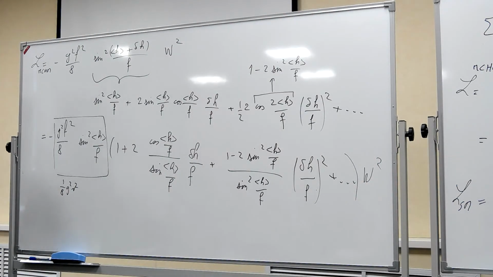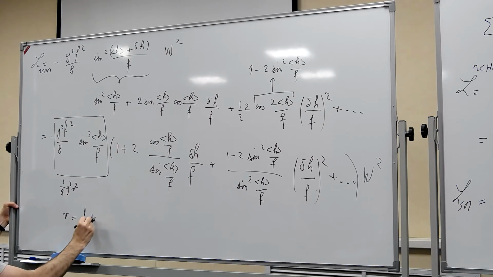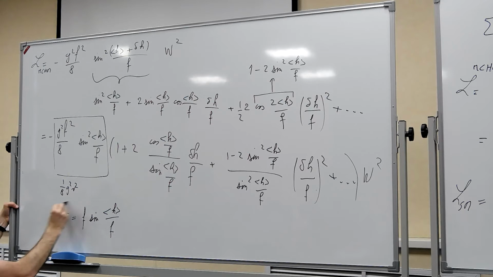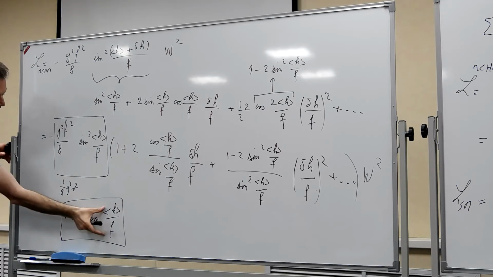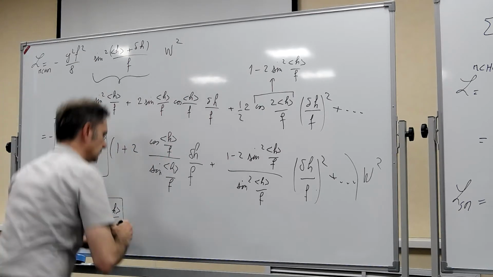And now you say that A is actually the square root of 1 minus v squared over f squared, and B is 1 minus 2 v squared over f squared. So we have been able to really compute this Lagrangian in this SO5 over SO4 model.